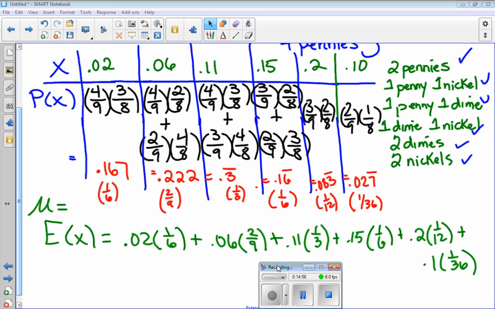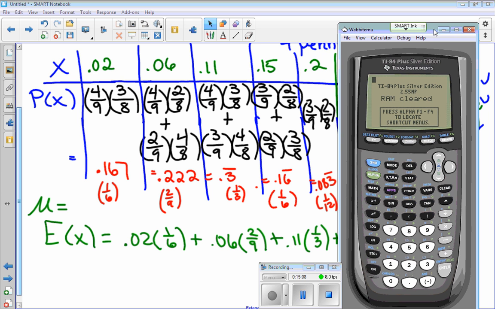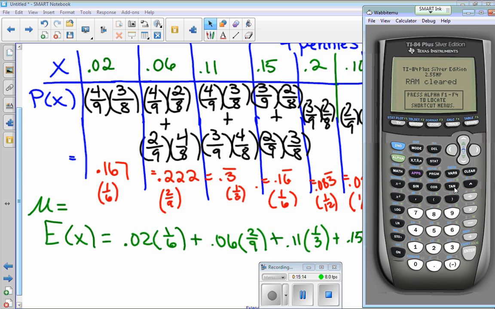So let me show you the quick way. I'm going to put it on the calculator in case anyone's not here and they want to be able to see what to do. I'm going to sit back here and type it in because it's a little easier for me to see. You go ahead and go to Stat, Edit.